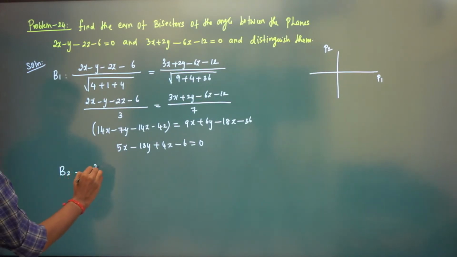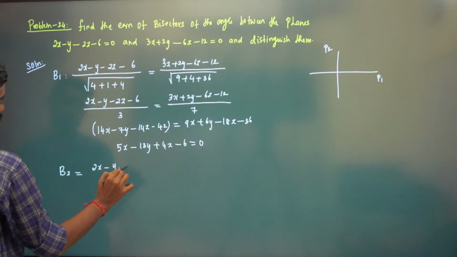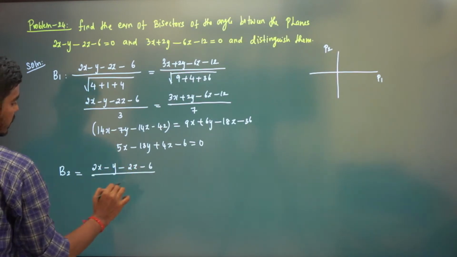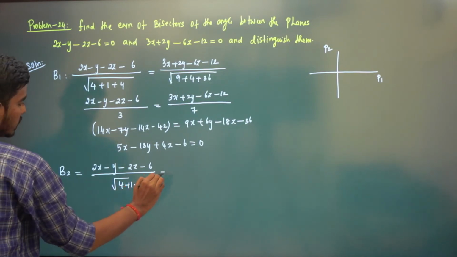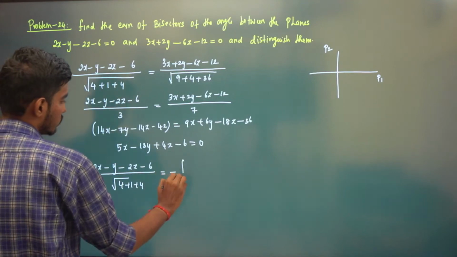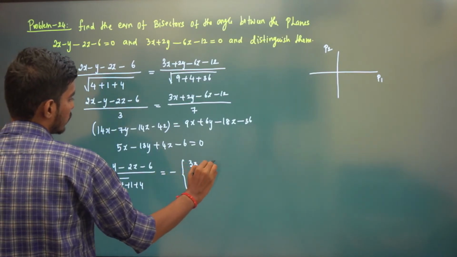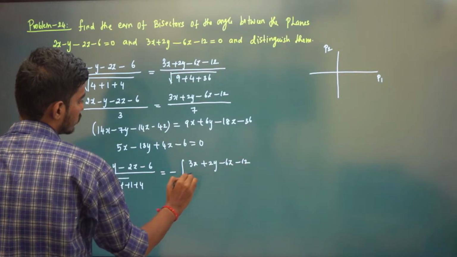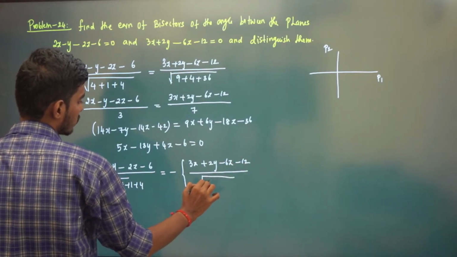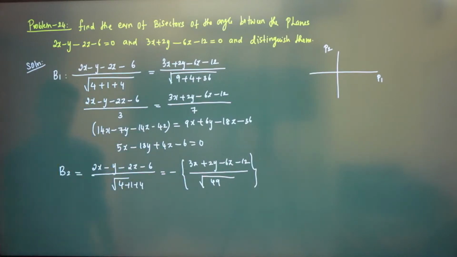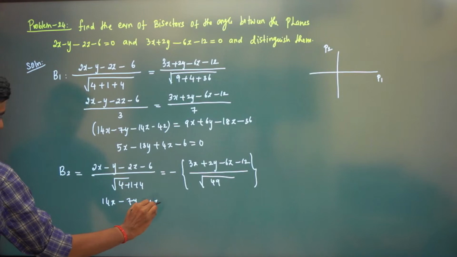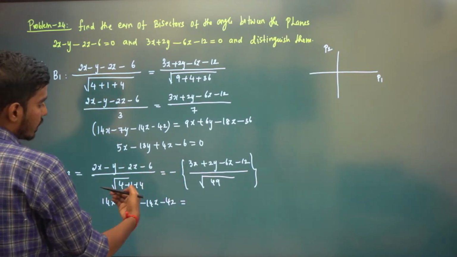So it is 2x minus y minus 2z minus 6 divided by root of 4 plus 1 plus 4. The only thing is here you have minus: minus 3x plus 2y minus 6z minus 12 divided by root of 49, right? So this will be 7. So we will have 14x minus 7y minus 14z minus 42. Only thing is here you have minus, this will be 3.